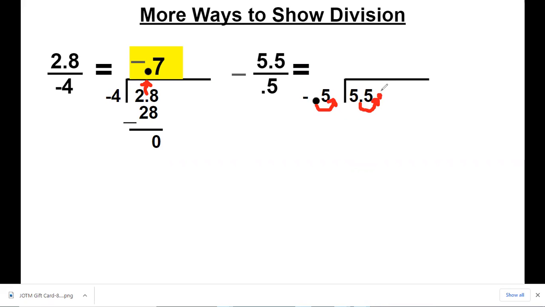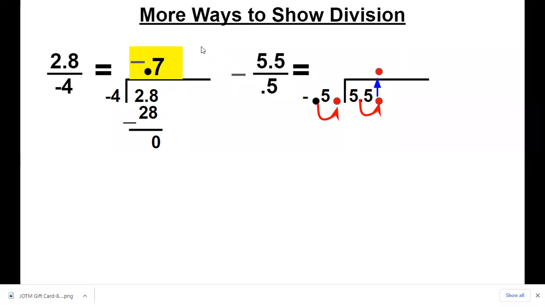And that's where I'm going to put it, up here, right there. So we move the decimal one place to the right. We do the same with the inside number. One place to the right, and then we're going to stick the decimal right up on top there right away. And now we just divide as if the decimal isn't there.